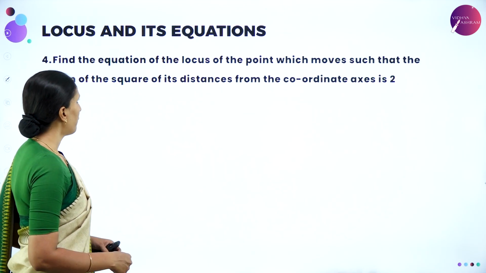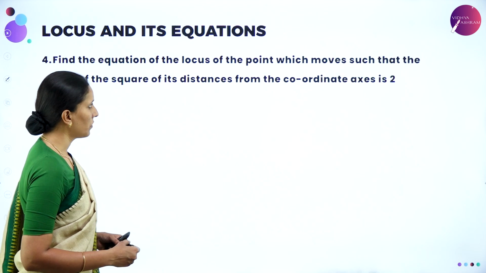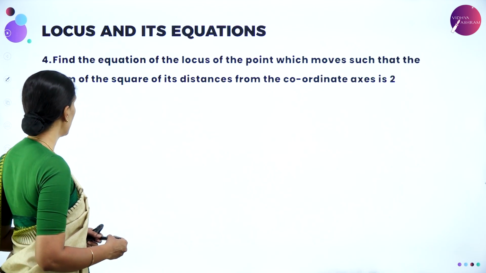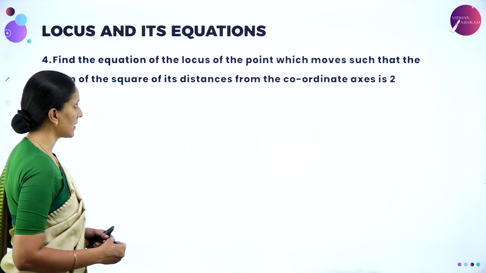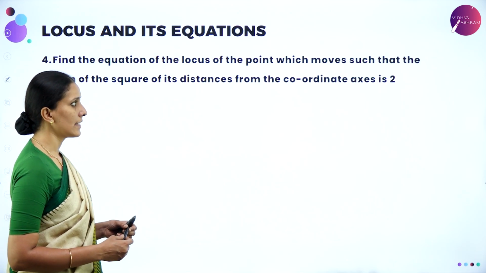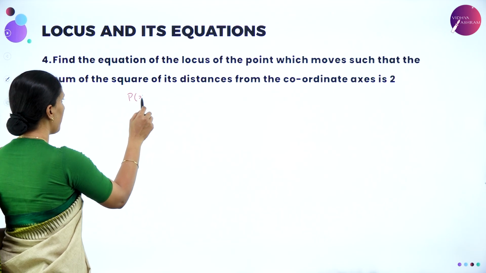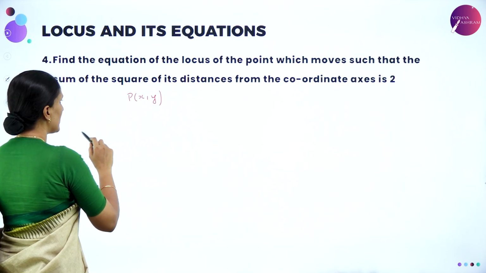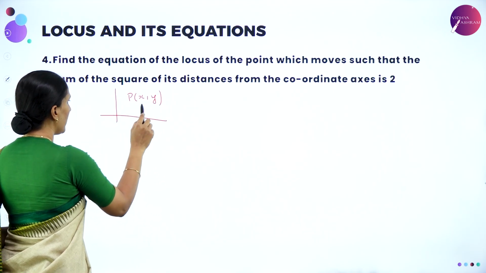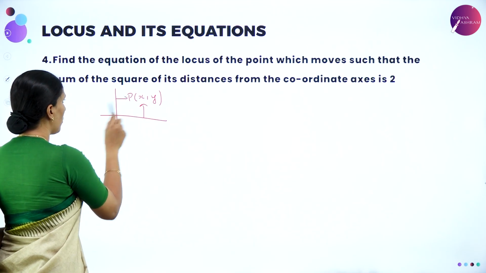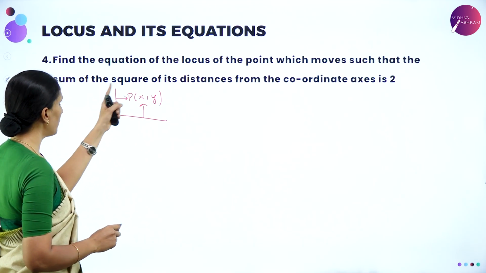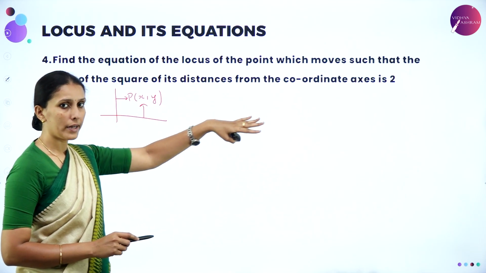Next question. Find the equation of the locus of the point which moves such that the sum of the square of its distance from the coordinate axis is 2. So now we have a point P x, y. So its distance from the x axis and the y axis.